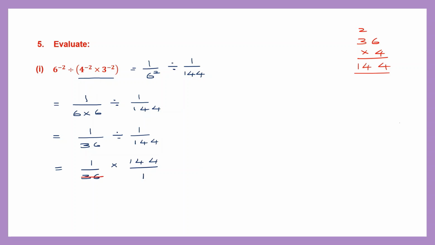So 36 1s are 36 and 36 4s are 144. So now we have to multiply the numerators and the denominators. So 1 into 4, 1 4s are 4. In the denominator we have 1. 1 1s are 1. So this is 4 by 1 is 4. So what is our final answer? We need to get a final answer after evaluating what's given to us, and the final answer is 4.